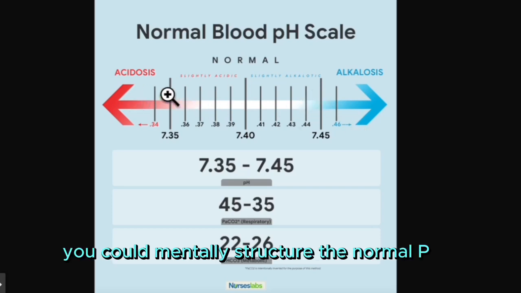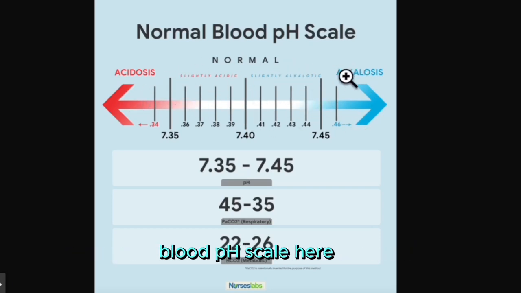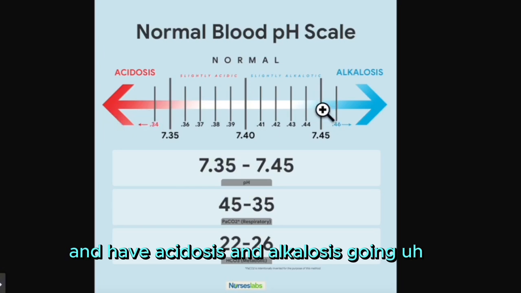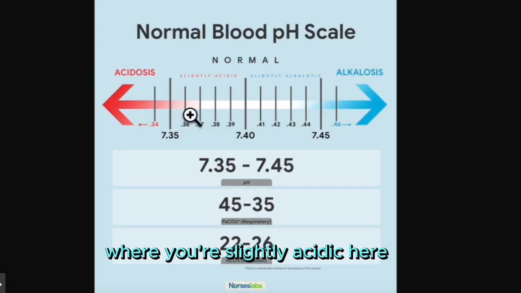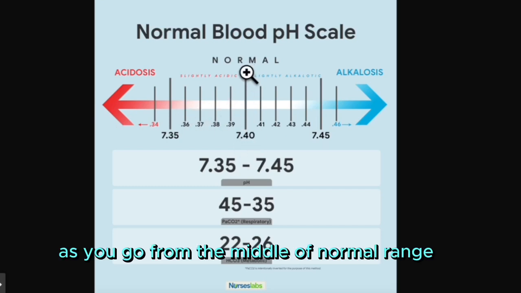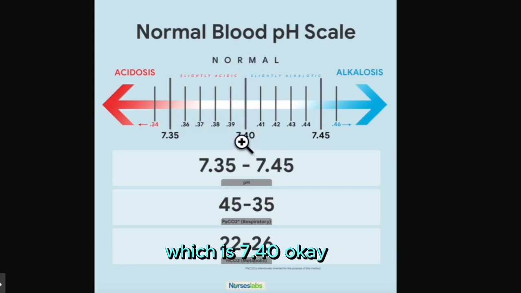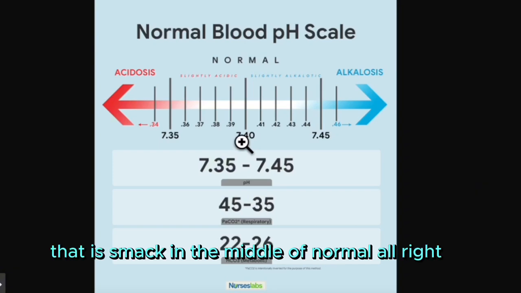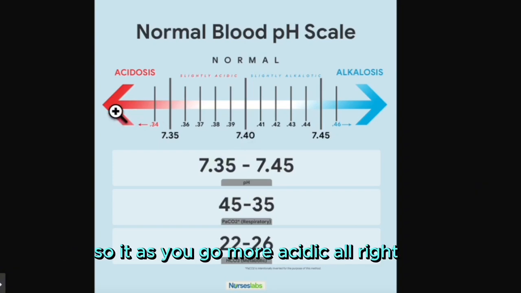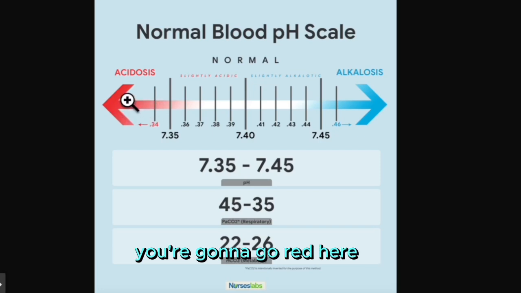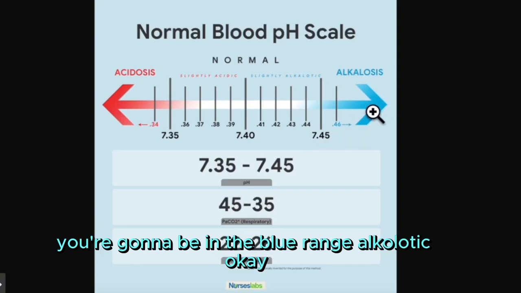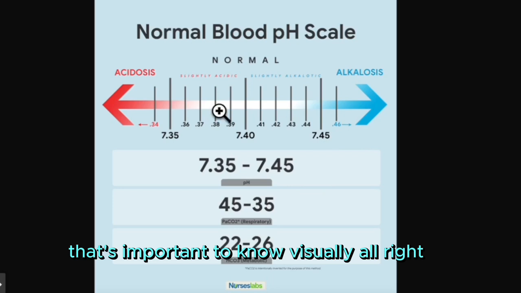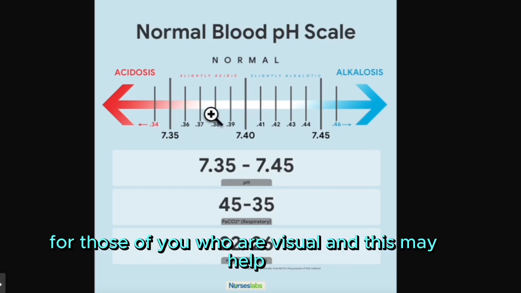So you could mentally structure the normal blood pH scale with acidosis and alkalosis going in two directions from the middle of the normal range, which is 7.40, smack in the middle of normal. As you go more acidotic, you go red. As you go more alkalotic, larger than 7.45, you're in the blue range. That's important to know visually, for those of you who are visual.